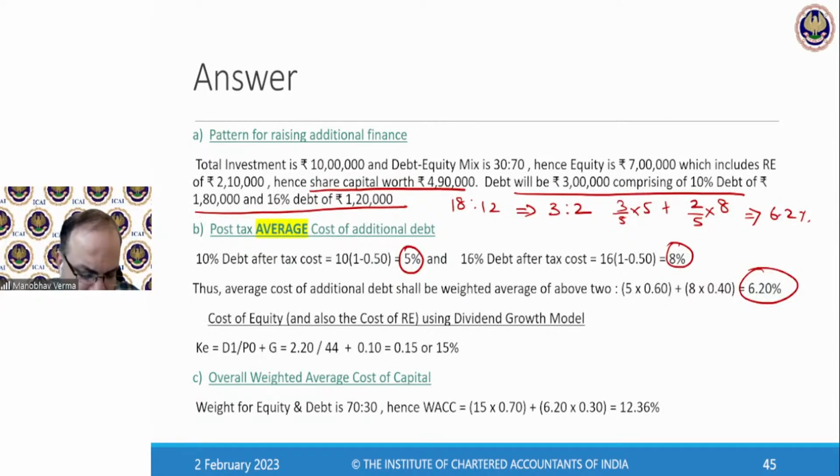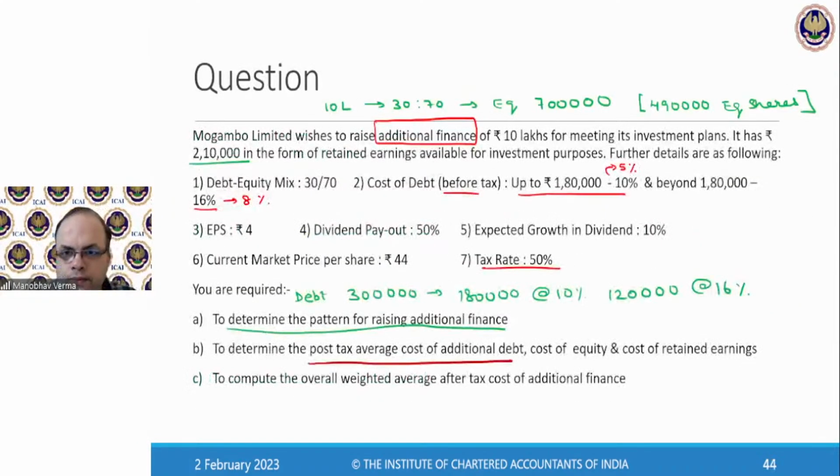Honey says, please explain again. Honey, which part? We are talking about two types of debt here. 10% debt and 16% debt, and we are looking at 1,80,000 at 10% and 1,20,000 at 16%. Now we need to calculate the post-tax average cost of additional debt, and additional debt is total 3 lakhs.